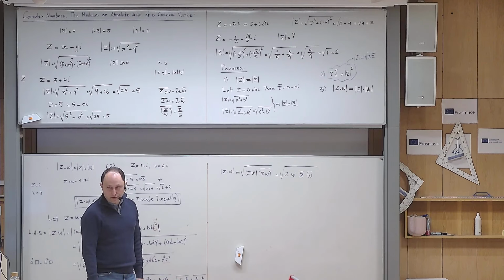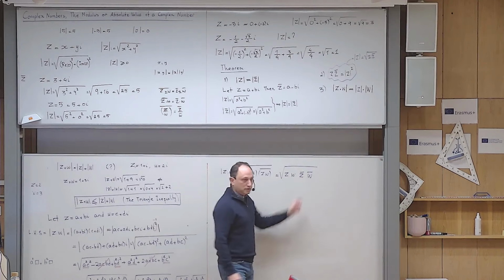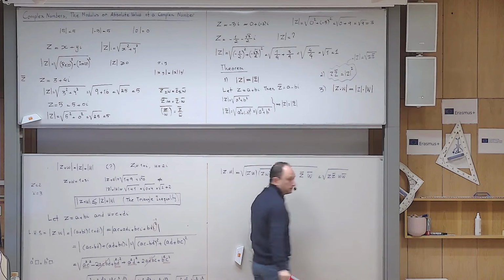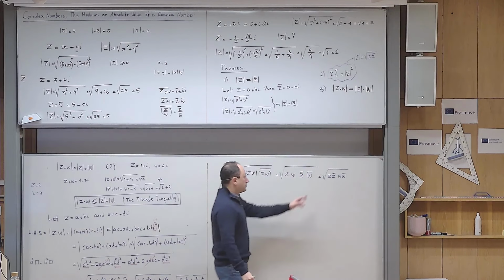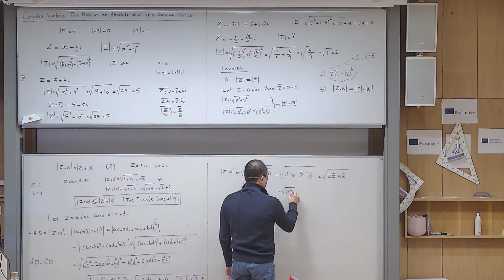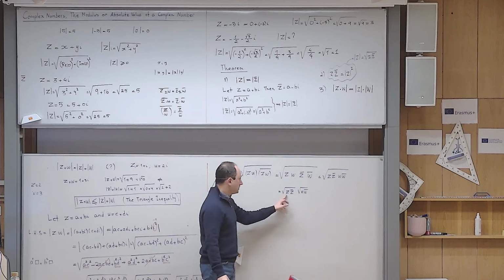Okay, now what can I do? Isn't it obvious now? Yes, I take this one with that one because that's a product. So I will write it as square root of z z bar times w w bar. Yes? So this can be written as, and what is this?